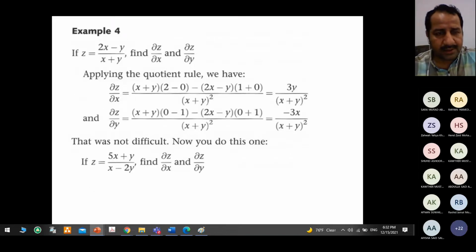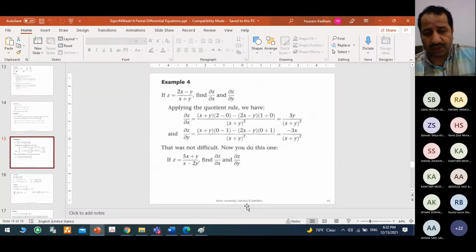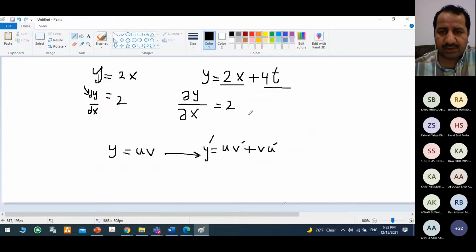This one is a fraction containing x and y. He wants me to differentiate partially. Let me also remind you of the principles.